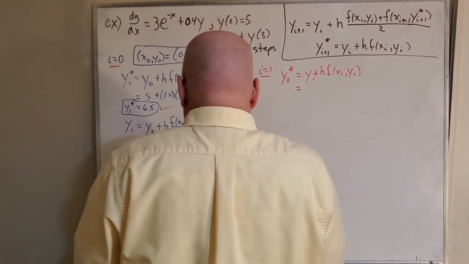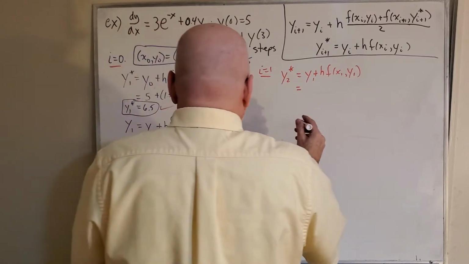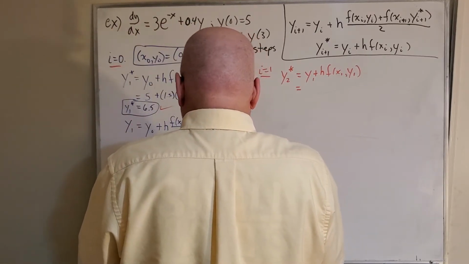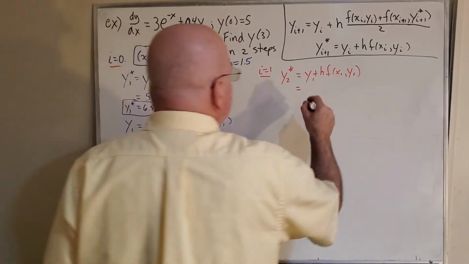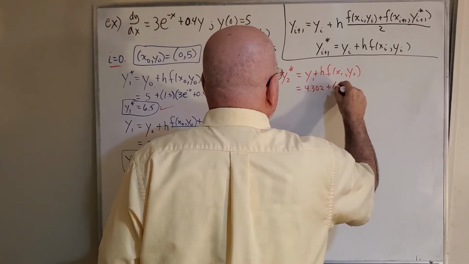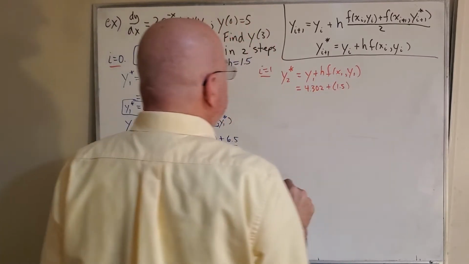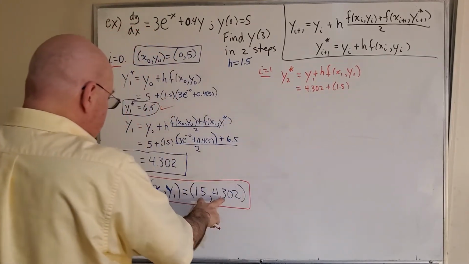Okay, so for us, that is y1, 4.302, plus 1.5, and then whatever we get for f of x1, y1.